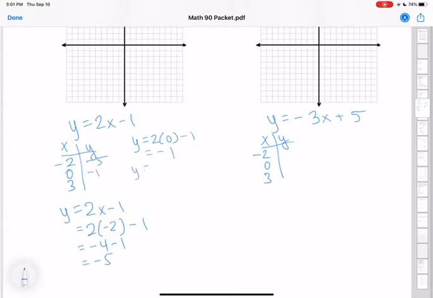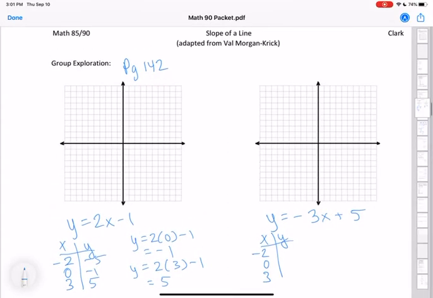And if I plug in 3, I get 2 times 3 is 6, minus 1 is 5. So if I plot those, I'm at negative 2, negative 5, which is about here. I'm at 0, negative 1, and then at 3, 5. Good, they all ended up in a straight line, so I think I did it correctly.